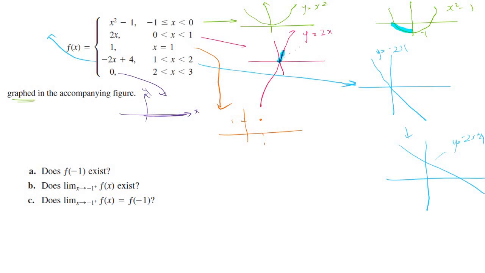And then at 1 it would be this dot, and then -2x + 4 is from 1 to 2. So that's from here to here. Sorry, it's from 1 to 2. I made a mistake there. From 1 to 2, I have to first draw the line.